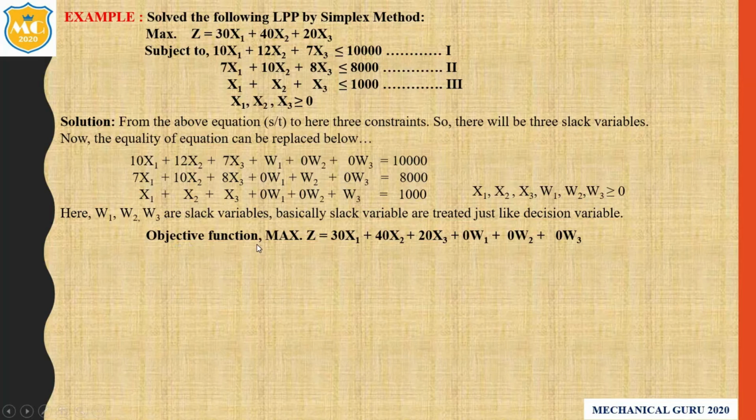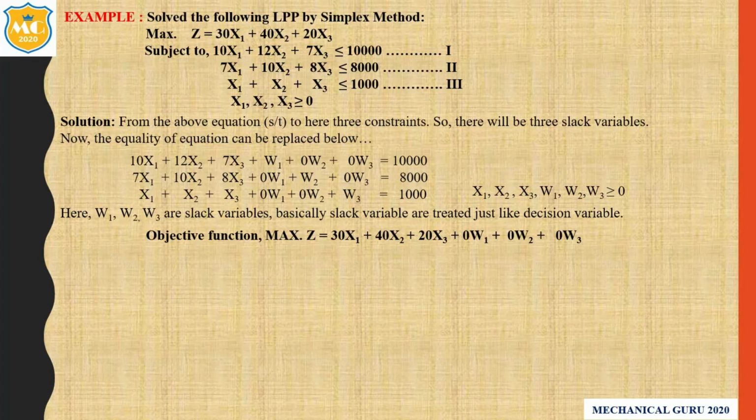The objective function: maximize z is equal to 30x1 plus 40x2 plus 20x3 plus 0w1 plus 0w2 plus 0w3. Here the slack variables represent idle capacity of the resources.